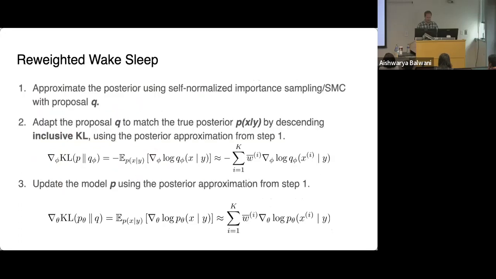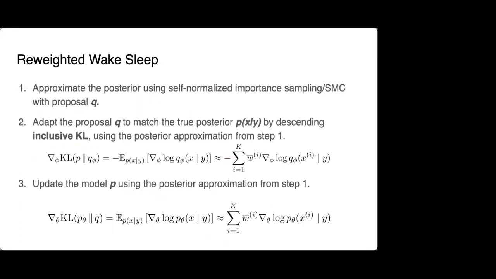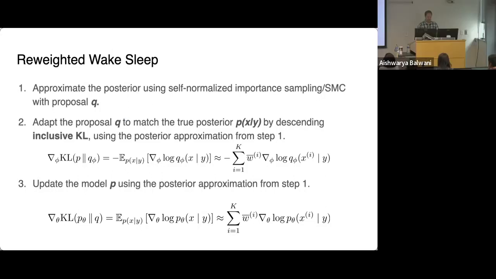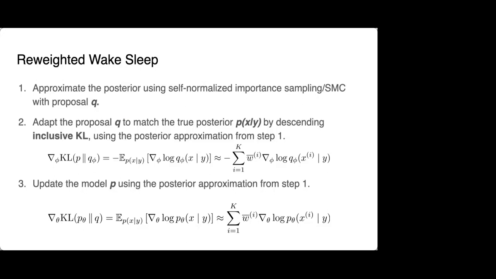Sorry, which one's previous? Forward? Maybe you could ask the question, then we can find the slide. Like with importance sampling, you're going to estimate the expectation. The expectation is f(x) times p(x), and you want to use a proposal distribution q.